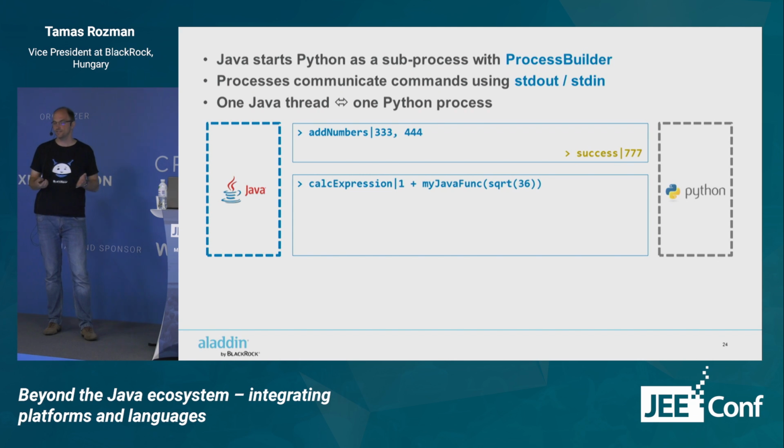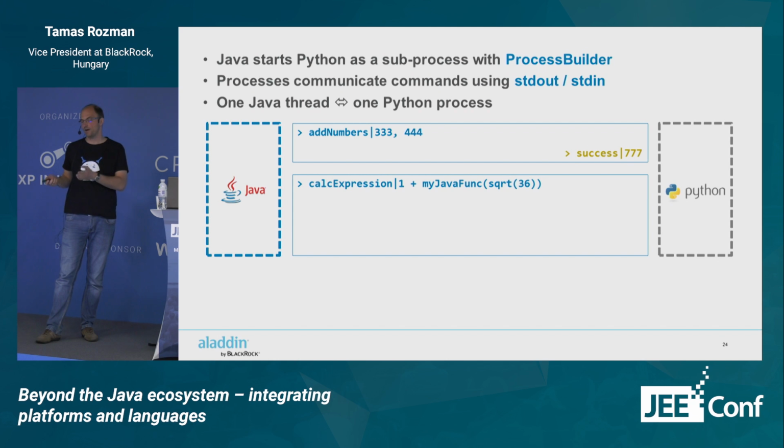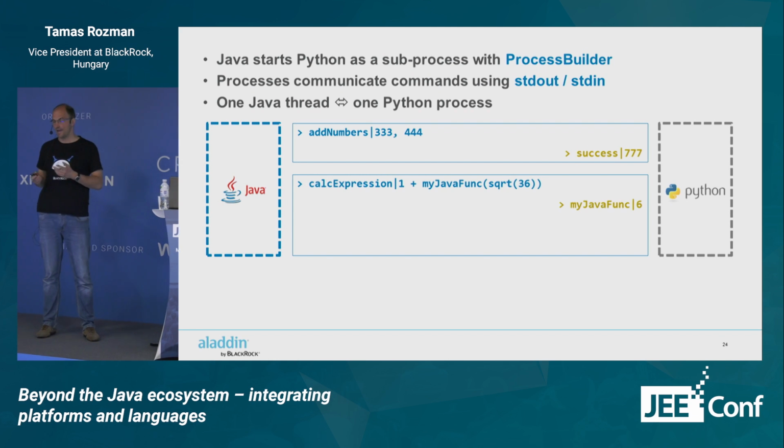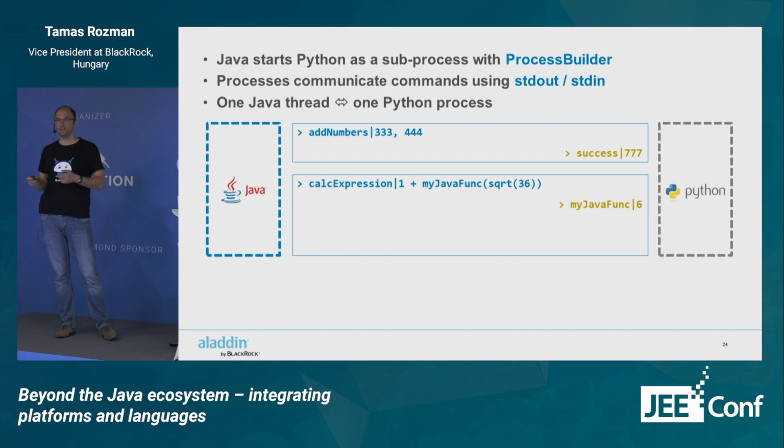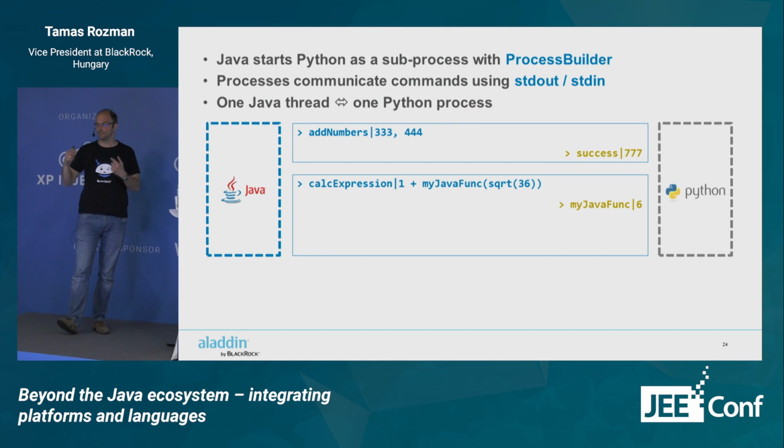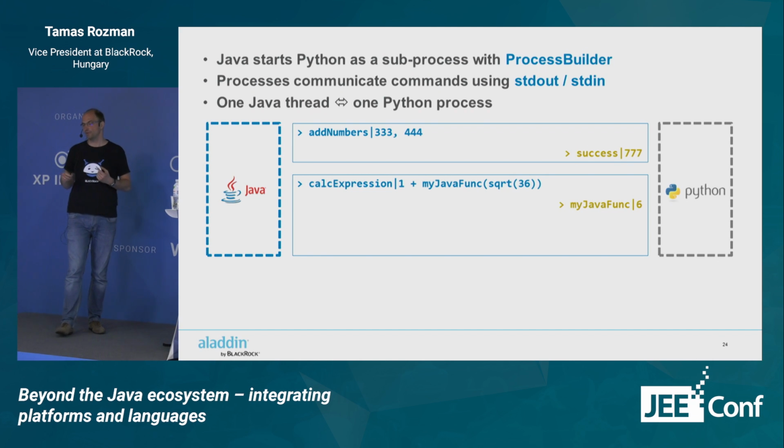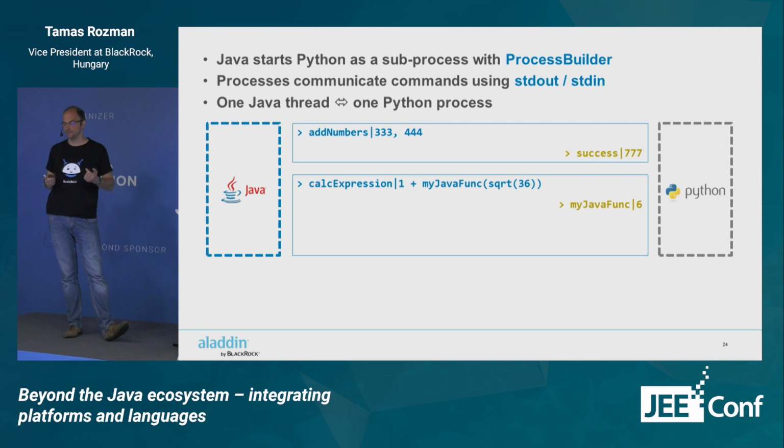What would happen in this case is that Python would do its part, so it would calculate the square root of 36, which is 6, and I would ask Java to calculate myJavaFunc for this result. It would write to the command line of Java: myJavaFunc 6.